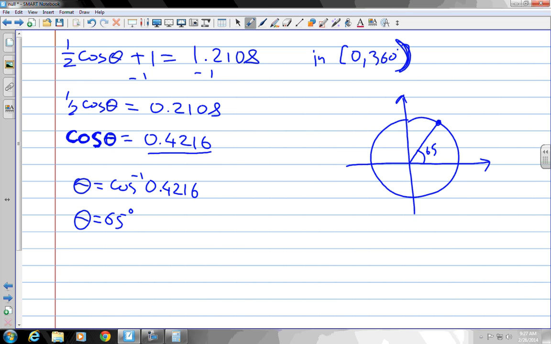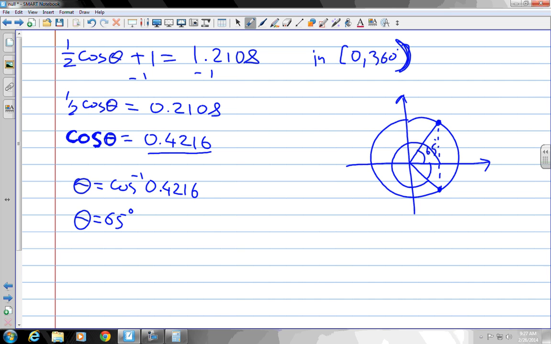X. So I need another point that has the exact same x value. So where's that point? Same x value, right? So here's that other point. So that means if this is 65 degrees, so is that, by symmetry. So then the answer should be this angle, which is 360 take away 65. Do you agree with that?